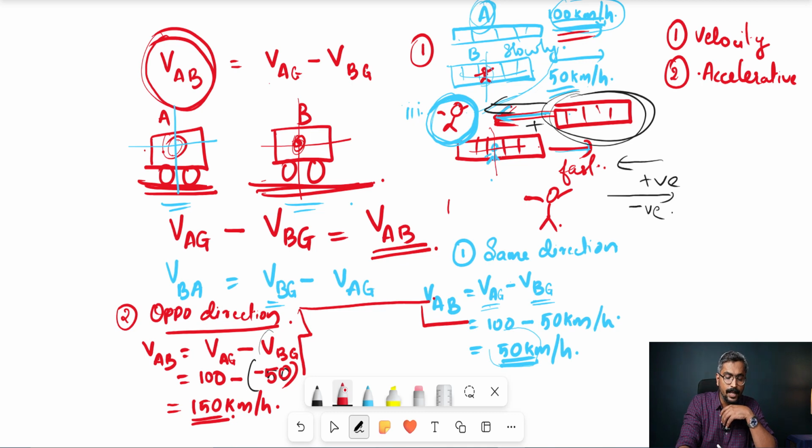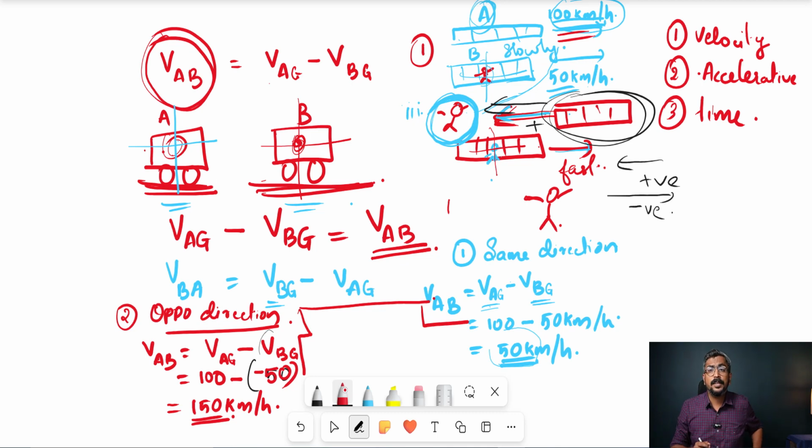The same way, time is independent; it is totally independent of the frame of reference. These are the things you need to study while studying frames of reference. Make sure velocity is taken with respect to the ground, and that is the first and foremost thing.